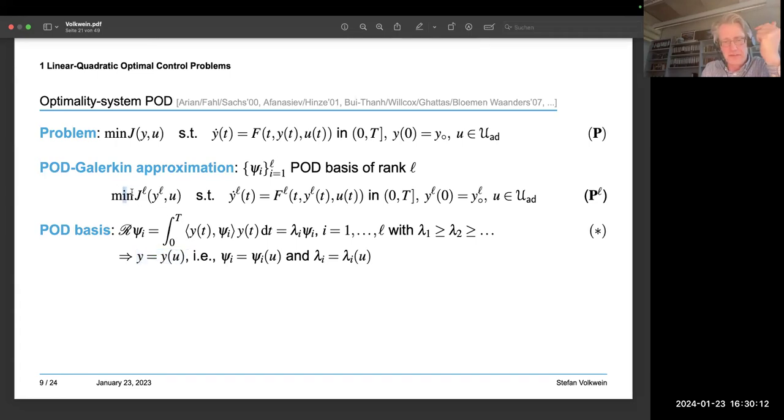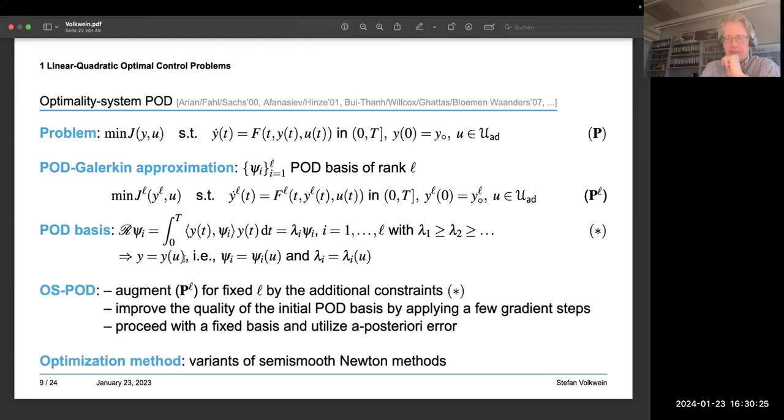Because to solve this problem here, we have also to solve the state equation, which we want to avoid, to solve it on the finite element level. Okay, what is the intention here? The intention is this. We don't want to solve this full problem. What we want to do is we want to find, let's say, by applying a few gradient steps, a better U, and then continue as we have described for the a posteriori error estimation.